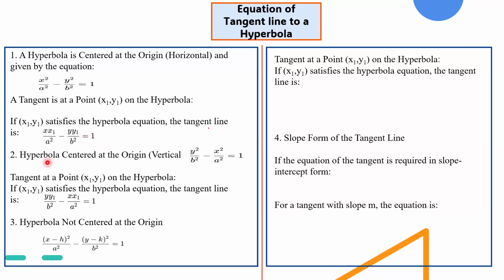If we have a hyperbola centered at the origin with a vertical axis, we use our general equation again. And for a hyperbola that is not centered at the origin, we would use x minus h, all squared, over a squared minus y minus k, all squared, over b squared equals 1.